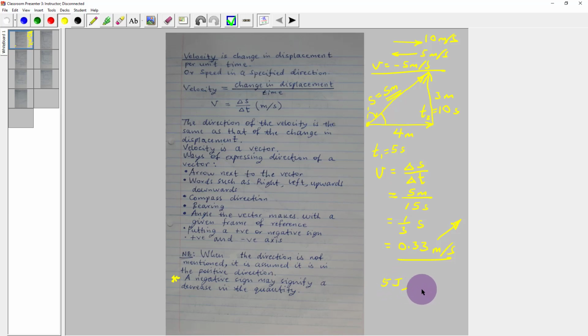Let us say the final kinetic energy is 3 joules, and you are asked to calculate the change in kinetic energy. You will get the final kinetic energy, which is 3 joules minus 5 joules, which you're going to get minus 2 joules. The negative in this case shows that the kinetic energy has decreased. So we usually see this kind of happenings a lot. So just be careful about that.